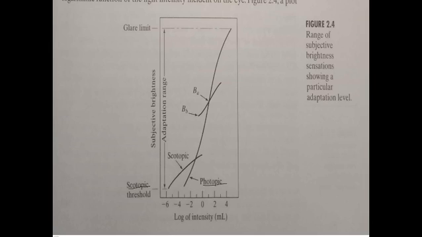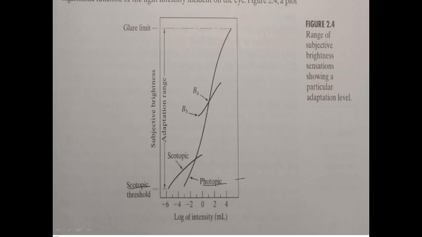So this is the intensity. Let's consider this is the zero intensity level, and as you go towards the left it is darkness, when you go towards the right it is brightness. In brightness, photopic vision will be operating.